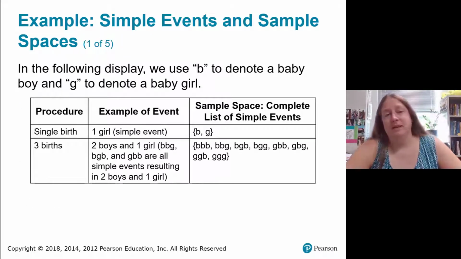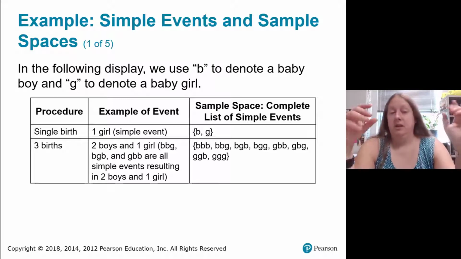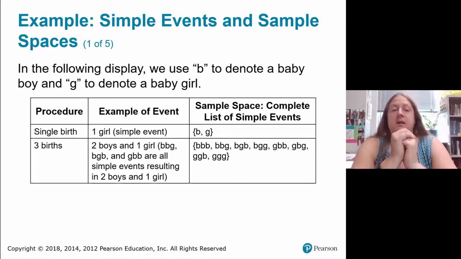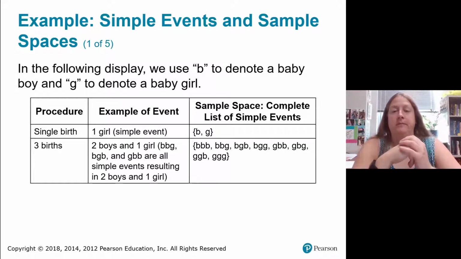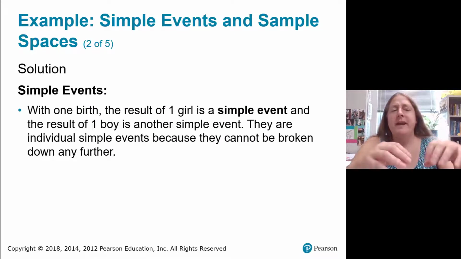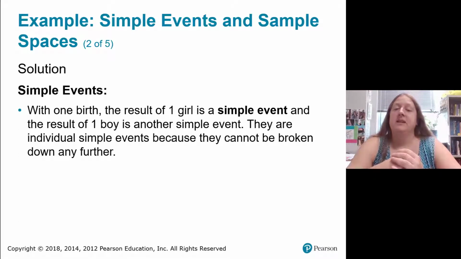So let's take a look at an example. We're going to consider having one baby be born, and we're going to use B for boy and G for girl. So if we have one girl is born, that's a simple event. It's a result and it can't be broken down any further.